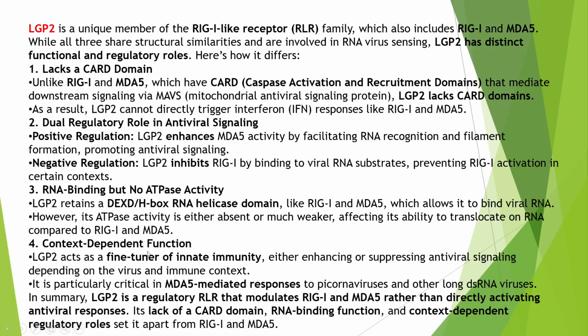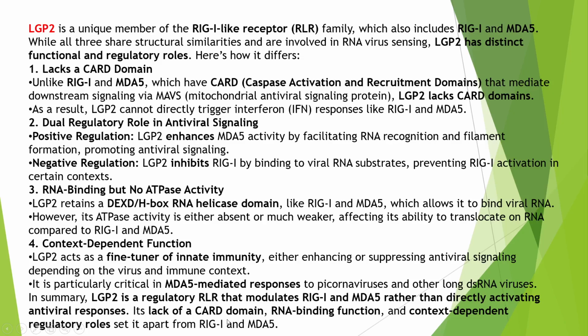Then, context dependent function. LGP2 acts as a fine tuner of innate immunity, either enhancing or suppressing antiviral signaling, depending on the virus and the immune response in that context. It is particularly critical in MDA5 mediated responses to picornavirus and other long dsRNA viruses. So basically, LGP2 is a regulatory RLR that modulates RIG1 and MDA5 rather than directly activating the antiviral response.